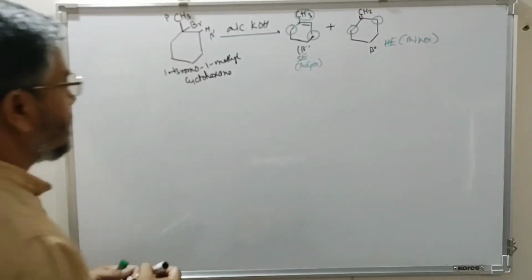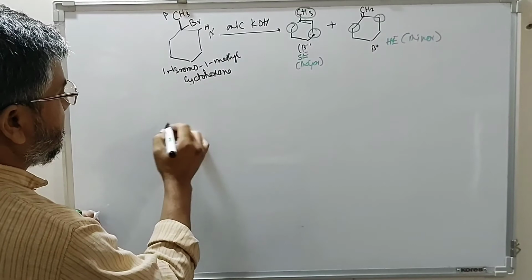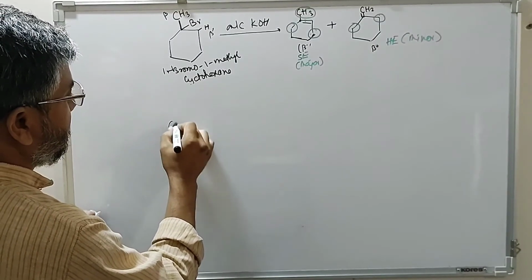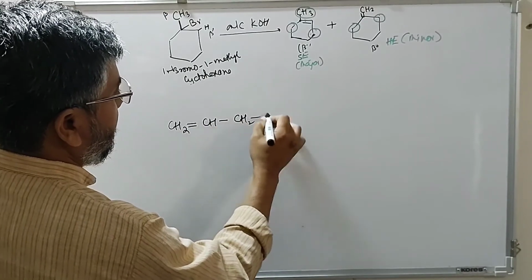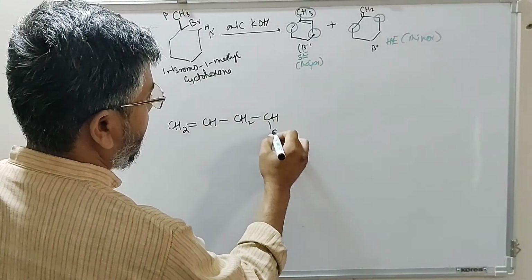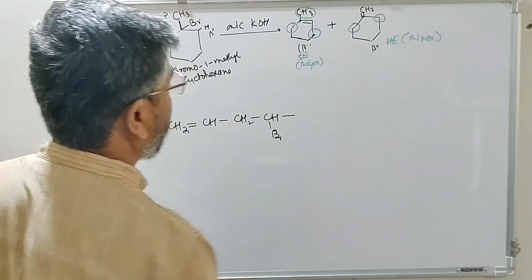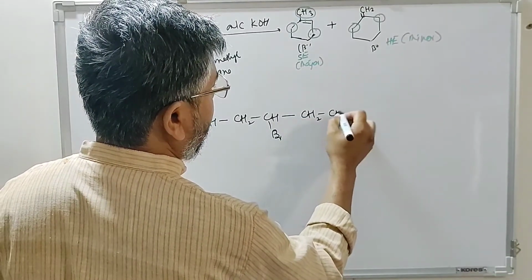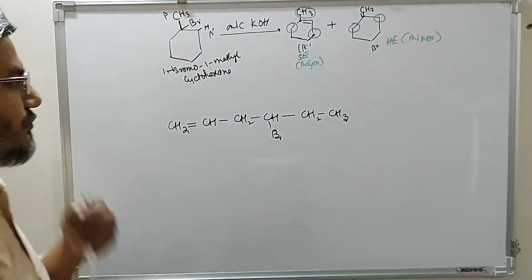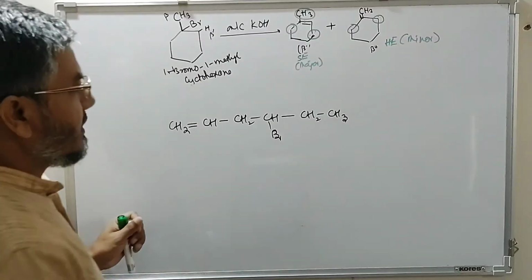So take this example also. We have two types of beta hydrogen.